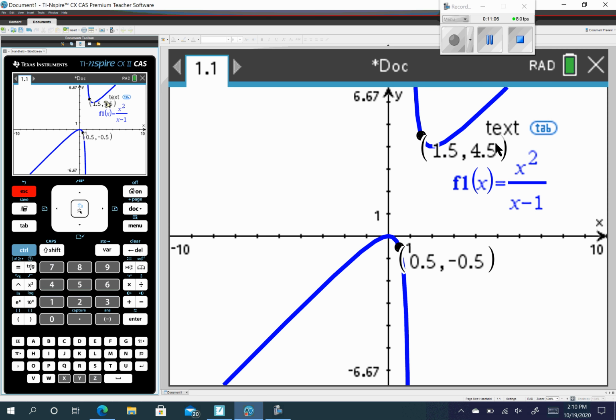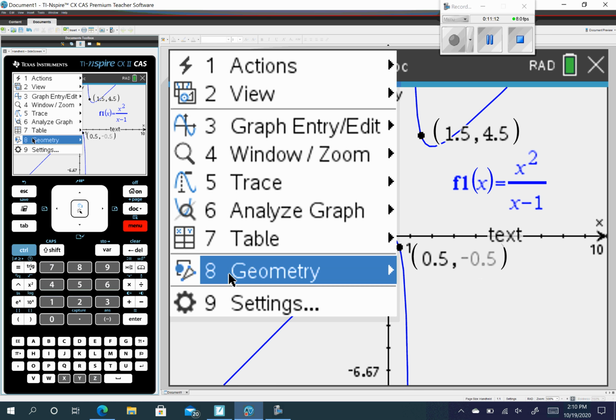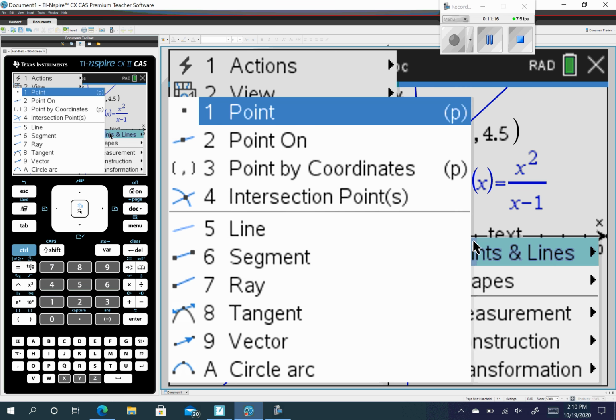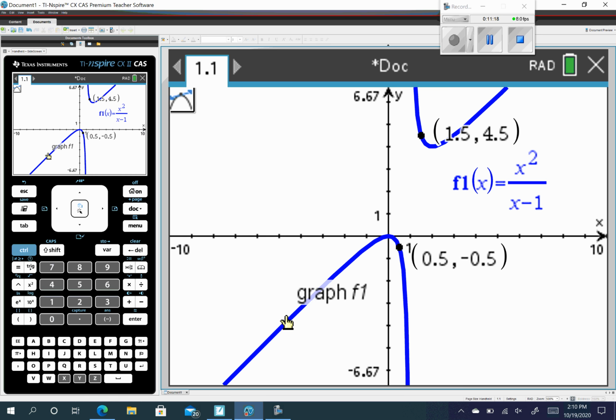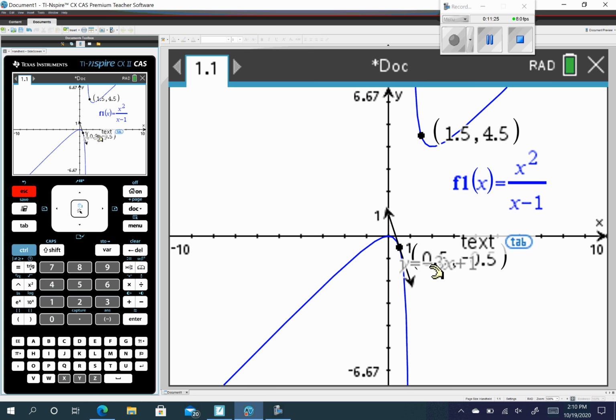And I'm just going to move these points out of the way for a little bit. All right, let's go to menu. We want to go to geometry, points and lines, and then tangent. So I want to put a tangent line right here. And again, what's nice about this, hit escape because we want to move this out of the way. Here's the equation of my tangent line. And we're going to do the same thing up here.